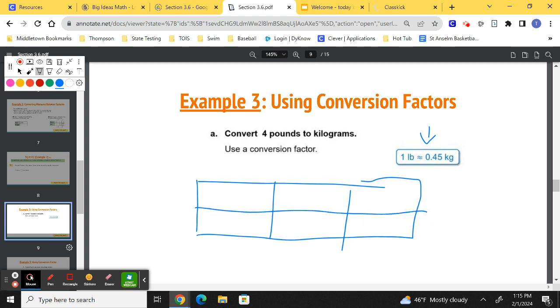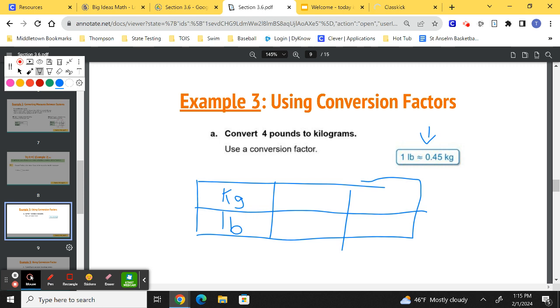All right. So what goes on the bottom? Because of the 1. Remember, you're using this to help you first. This is what you have. This is what you know. All right. So it's kilograms over pounds.